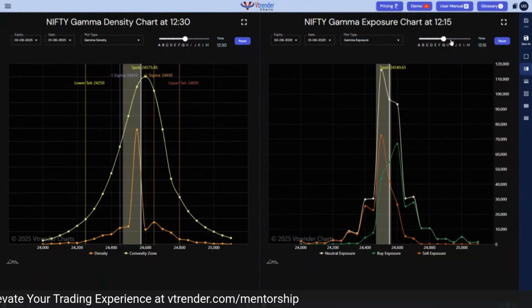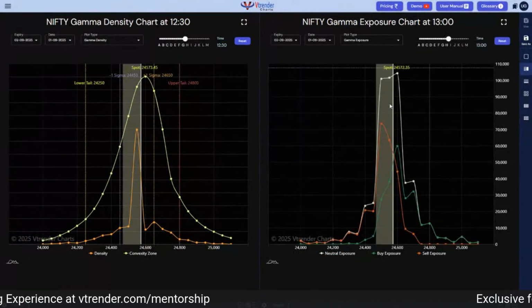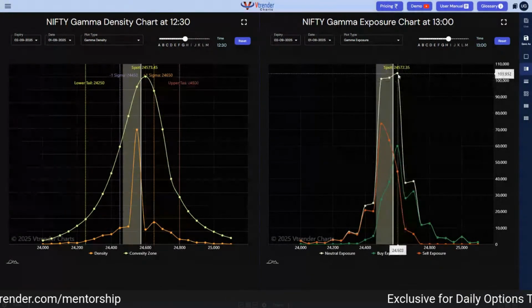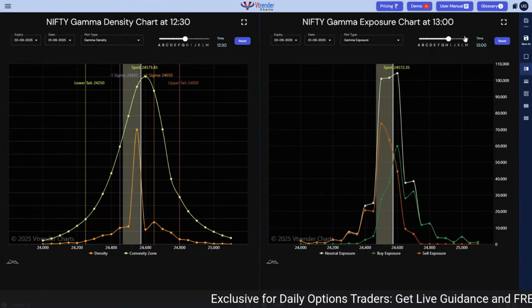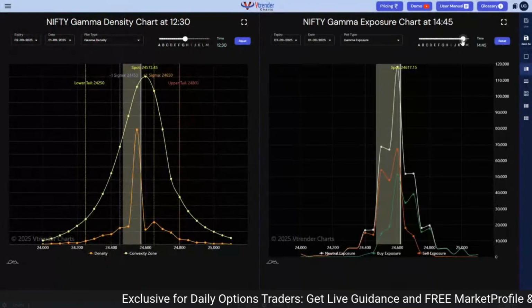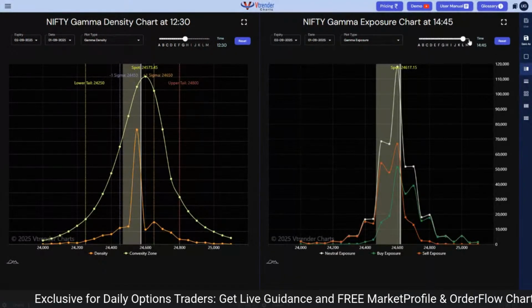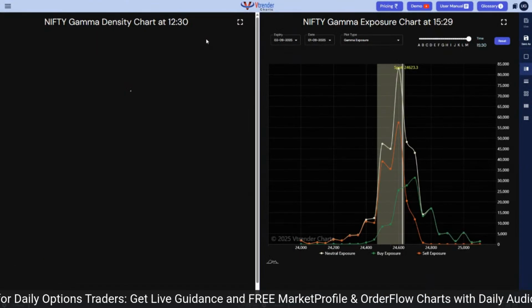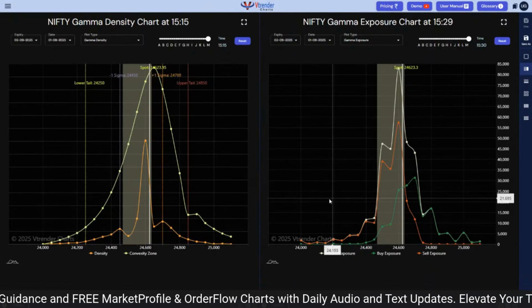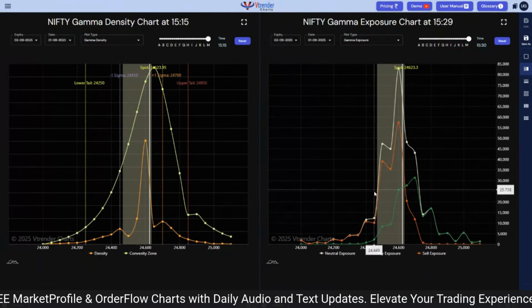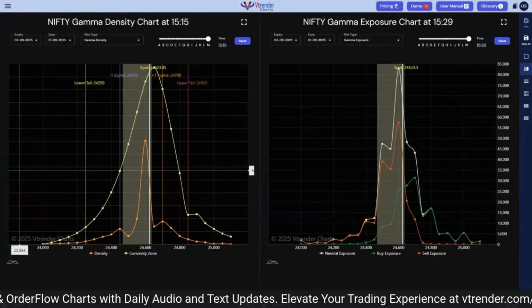So this will keep you in sync, and this will tell you. So again here, you can see this has again shifted to 24,600. So this is what will keep you in sync and tell you where you need to be short gamma and where you can expect some more move in the imbalance which is coming in. So now what is the closing?